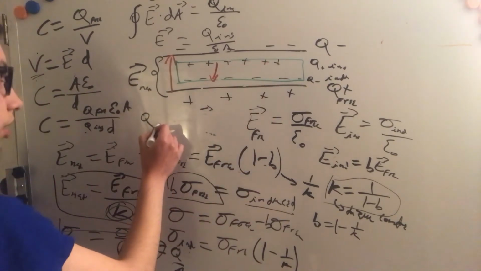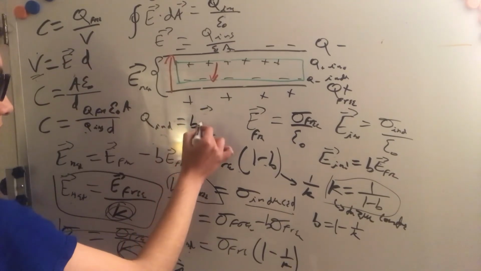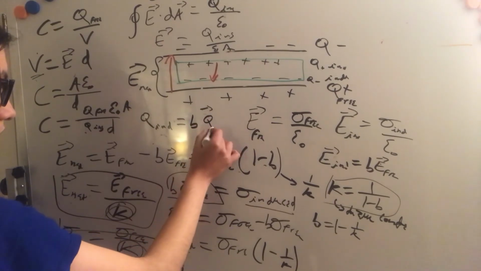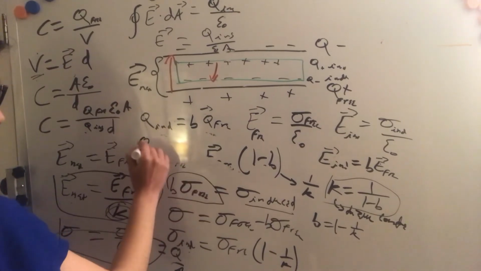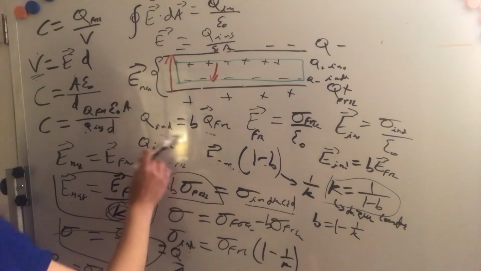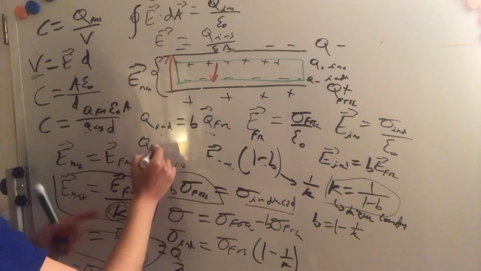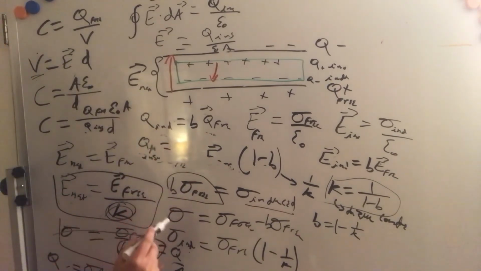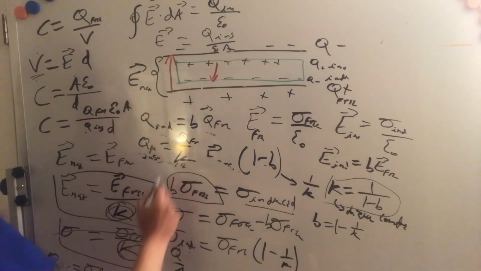The charge induced is again a factor B of the charge free. So again the Q total, Q inside, would be the charge free per K.